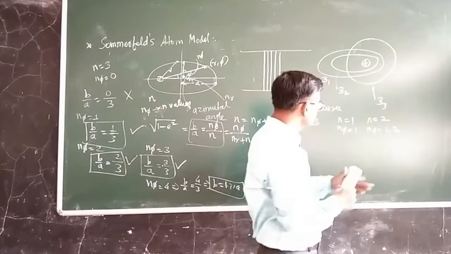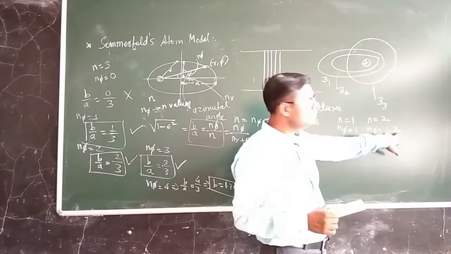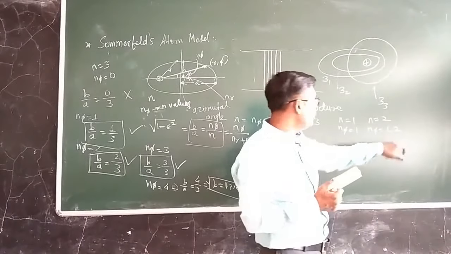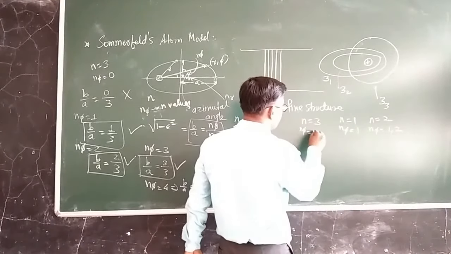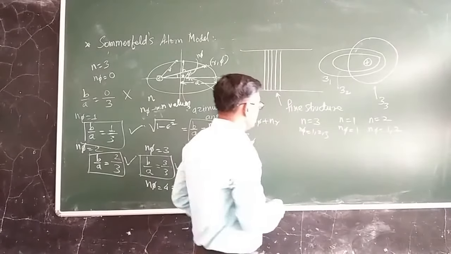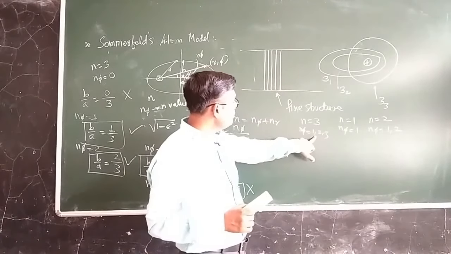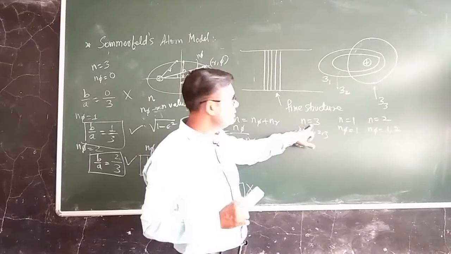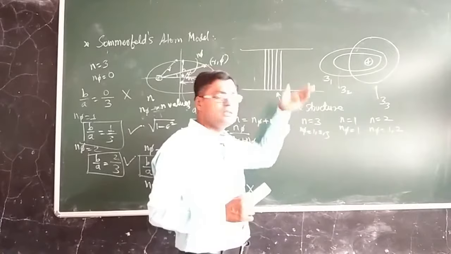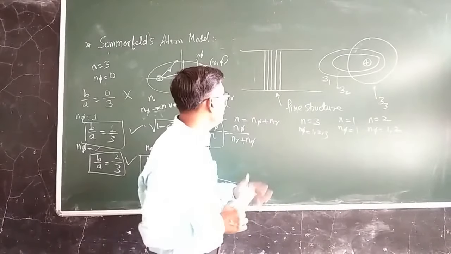Therefore for n equal to 2, we will be having two different orbits, and for n equal to 3 the value of n phi will be equal to 1 comma 2 comma 3, and therefore 3 orbits are possible for this principal quantum number 3. Okay, and so on. If n equal to 4, then there will be 4 orbits.